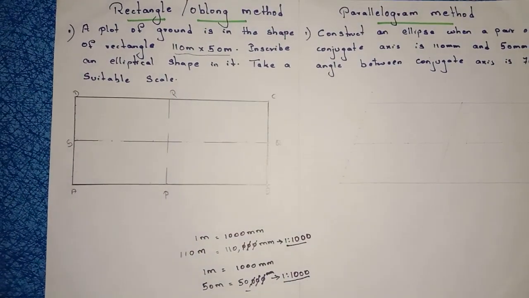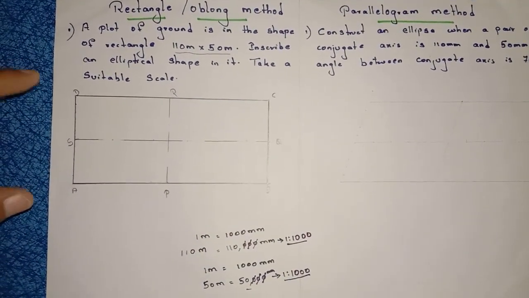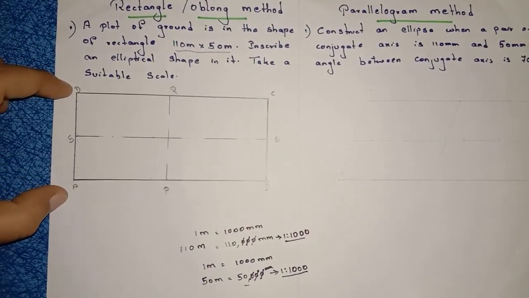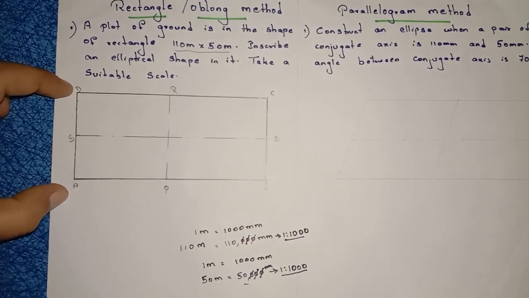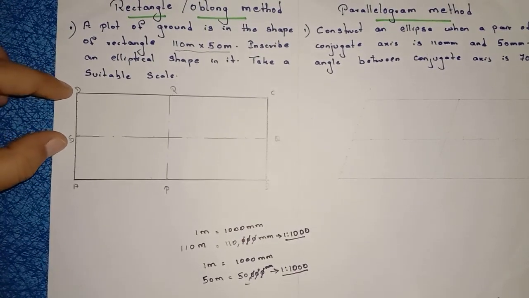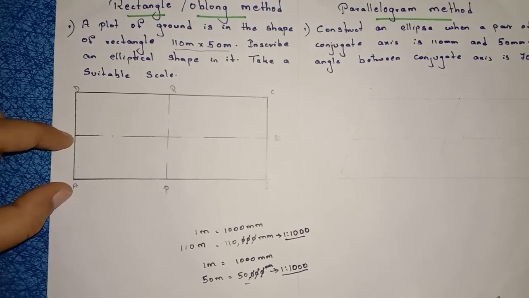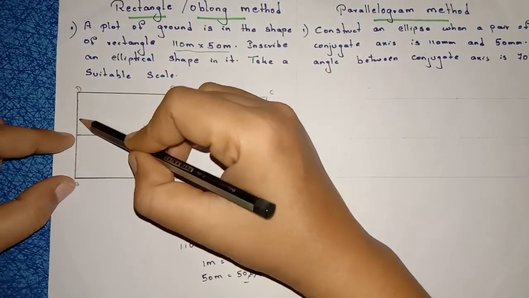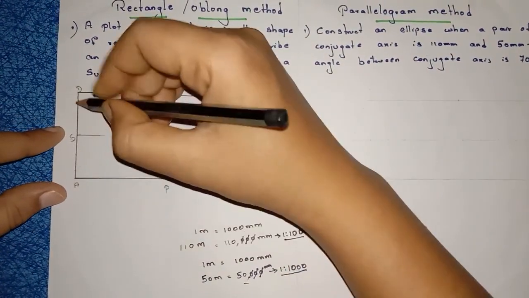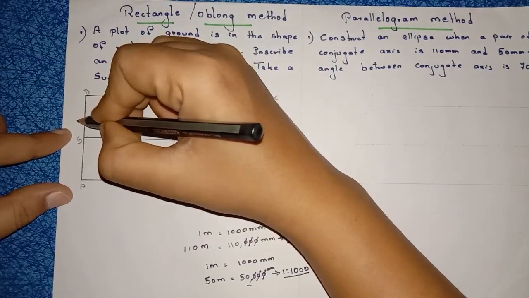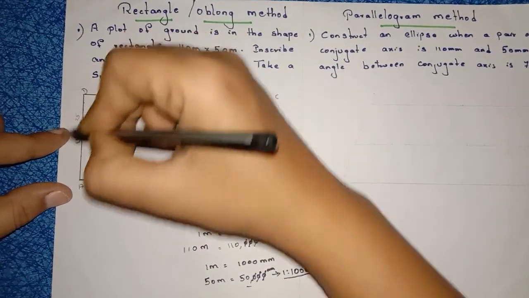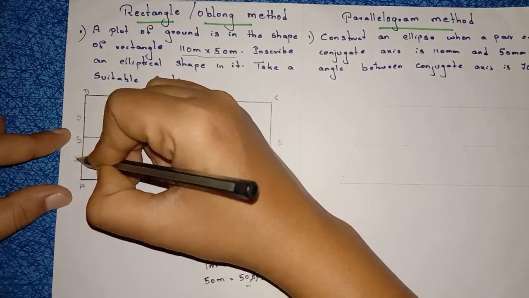Right, now you see AD total length is 50 mm. Right, now SG length will be 25 mm, AS length will be 25 mm. Right, so this is 25 and this is 25. So let us write down here 25 and 25.